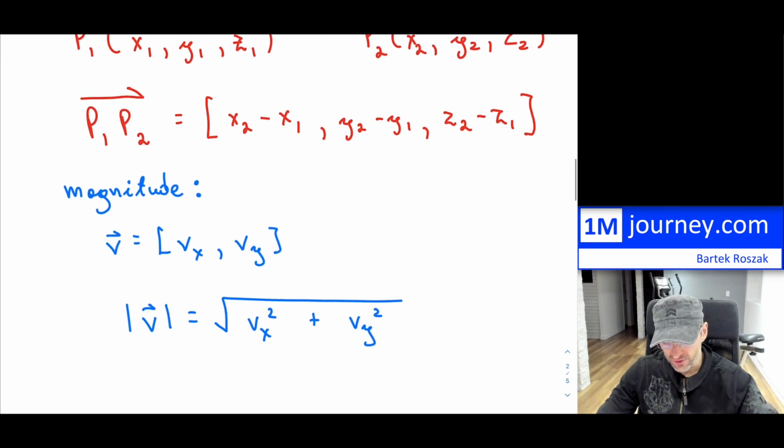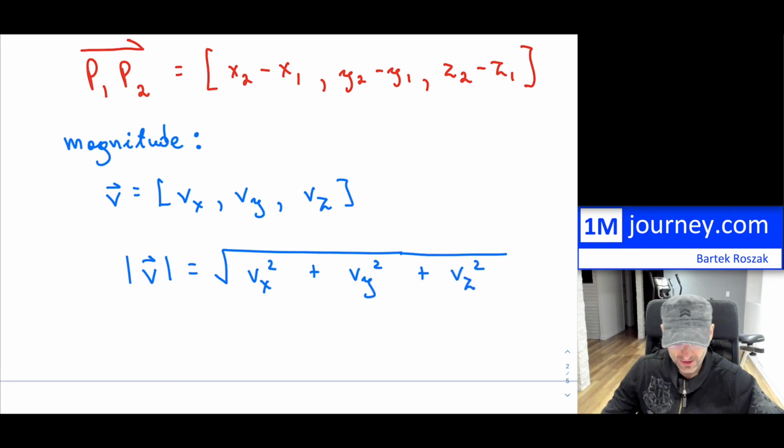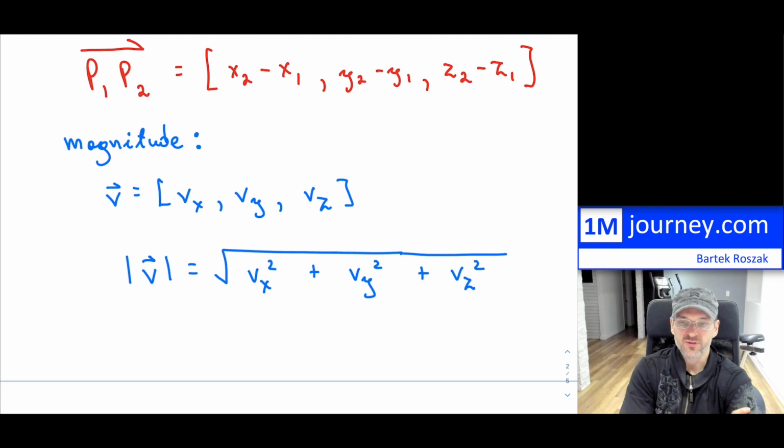Well, does this extend to 3 dimensions? And the answer is yes. So for instance, if this was actually 3 dimensions, and you wanted to find what the magnitude is, all you're doing is adding the z component and also squaring it. And in 3 dimensions, this is relatively simple to think about, because you have your x and your y, and you can find out what the hypotenuse between them is, the actual magnitude of those.